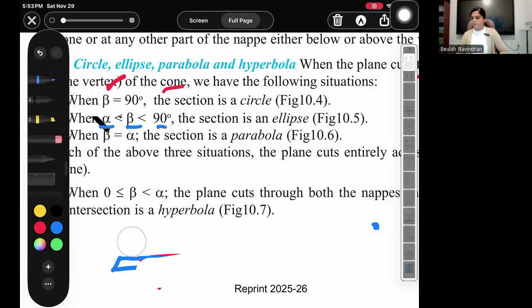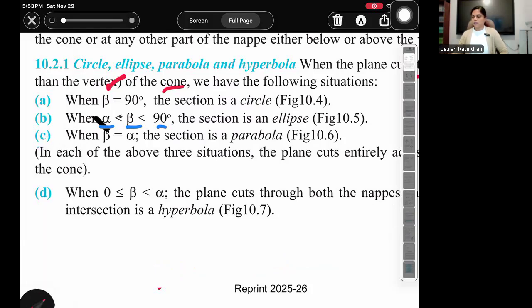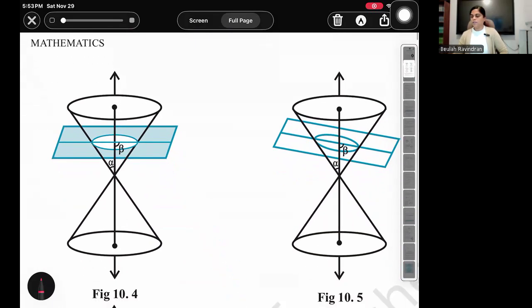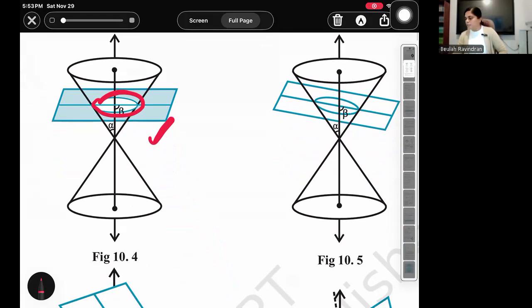It is clearly given in your book. See here, this is a circle, right? And when beta lies between alpha and 90 degrees, it forms an oval or elliptical shape.